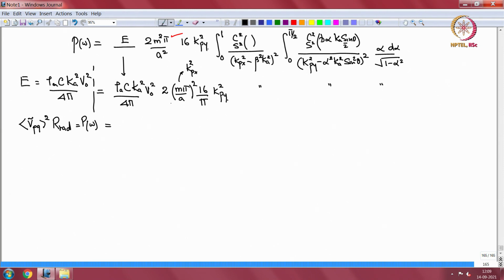So for now it is rho a c k a square v 0 square, 32, so 8 by pi square, into k p x square k square p y into these two integrals.